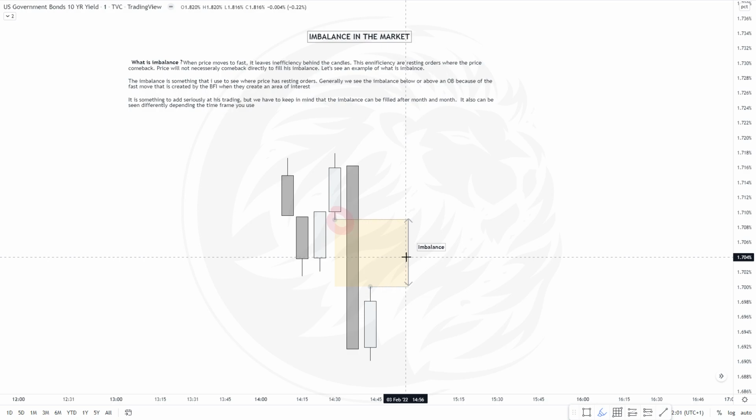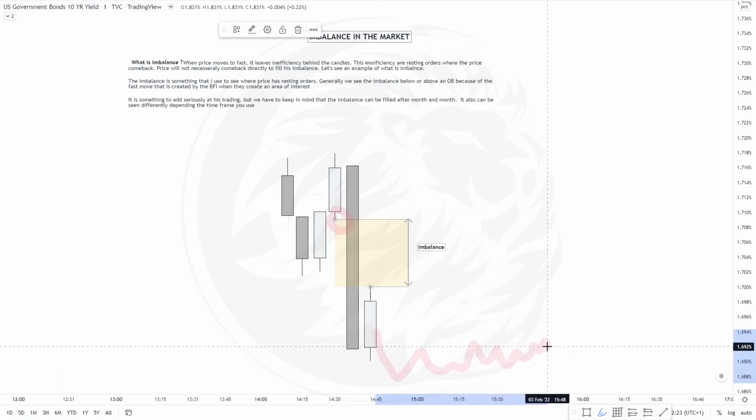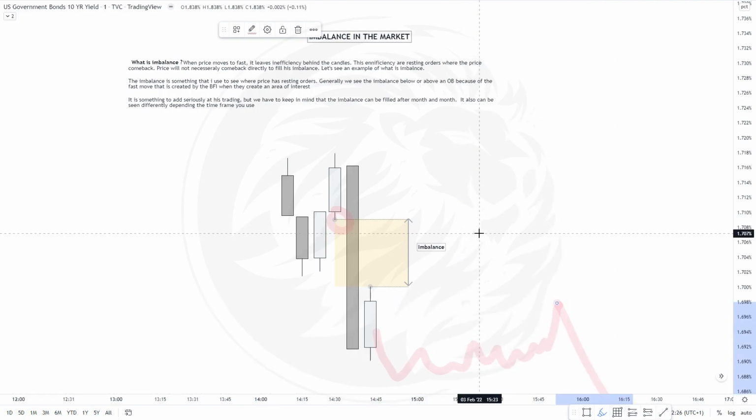But you have to keep in mind that the imbalance can be filled after months and months. Sometimes you will see an order block that has imbalance, but price can continue its structure without touching and without filling this imbalance, because price may be creating range liquidity and after that come back, take some liquidity and then go down.